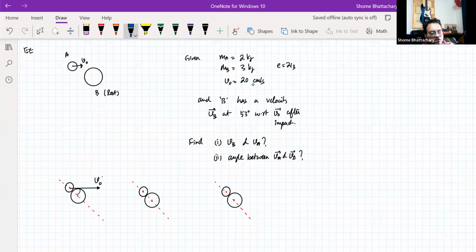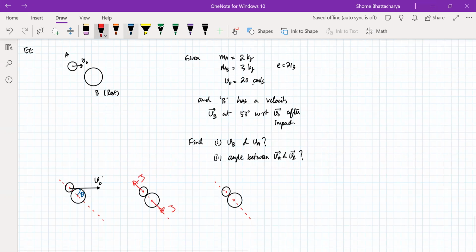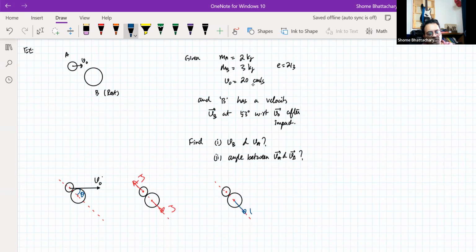So this angle, suppose this is theta. So this theta will be how much? 53. Yes, this theta only will be 53, because B's final velocity is along this line only, no? Whereas A's final velocity is at some random angle, let's say VA, like this.